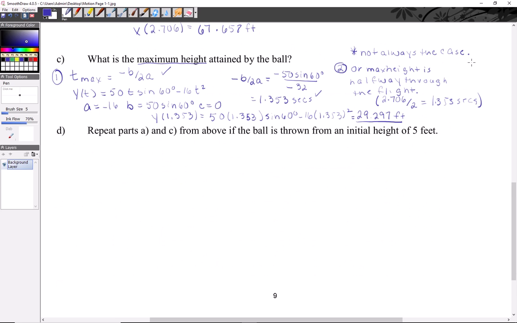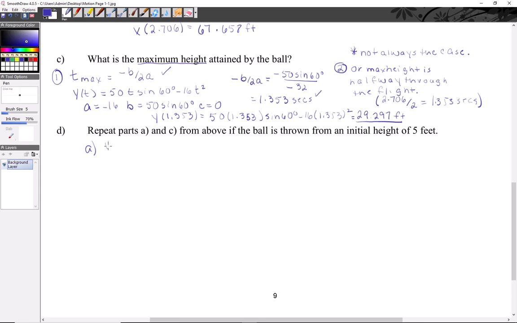Here it says repeats part A, and it really should be through C, from above if the ball is thrown from an initial height of 5 feet, which is, by the way, more realistic than figuring that somebody's lying flat on their back on the ground, throwing it that way. All right? So let's go ahead and repeat this process.